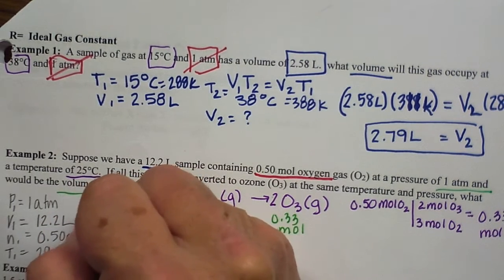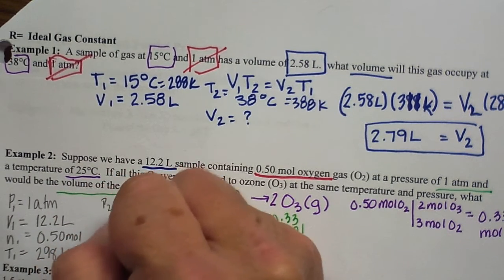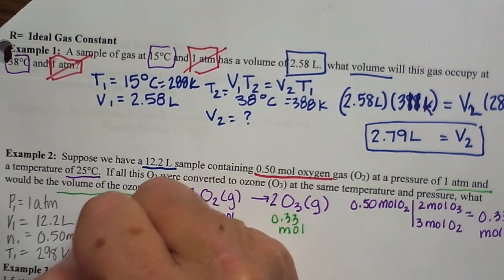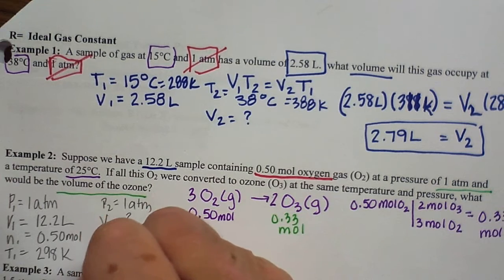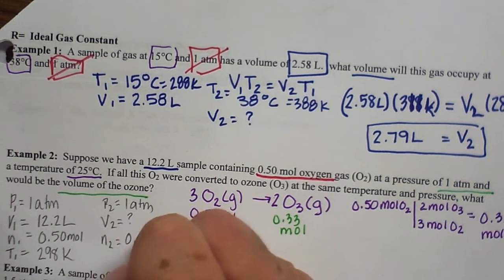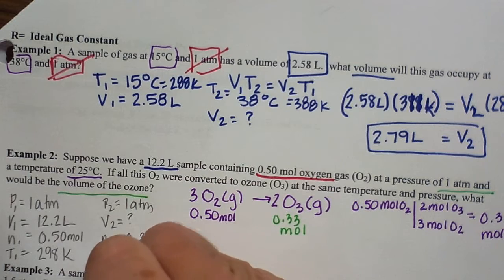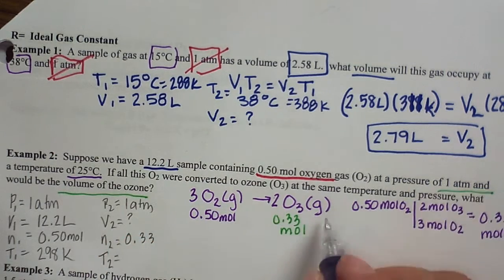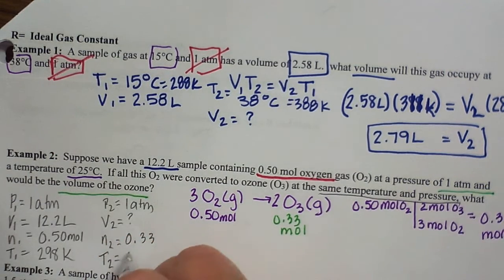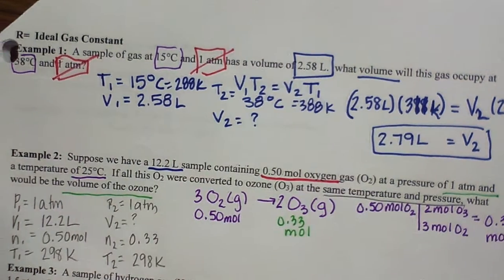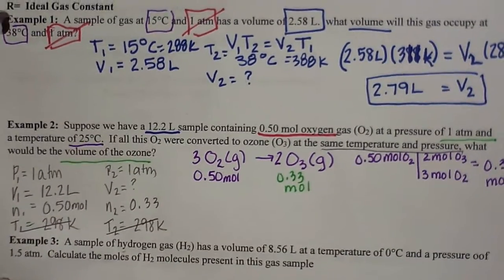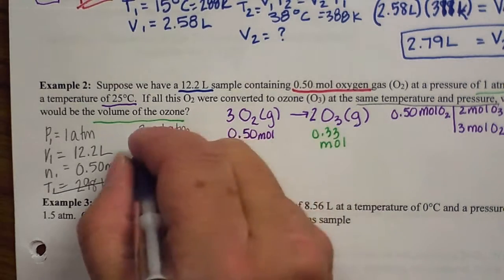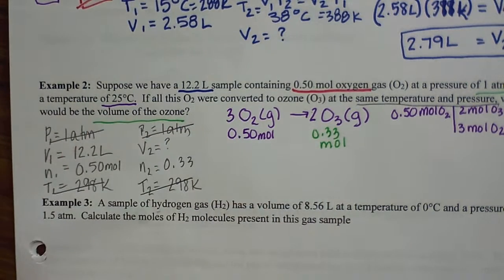Okay, P2, 1 atm. V2 is what we're looking for. N2, 0.33. And T2, well, the temperature isn't changing because it says the same temperature and pressure. So if the temperature is remaining the same, we don't need it. Everybody with me? The pressure is remaining the same, so we don't need it.